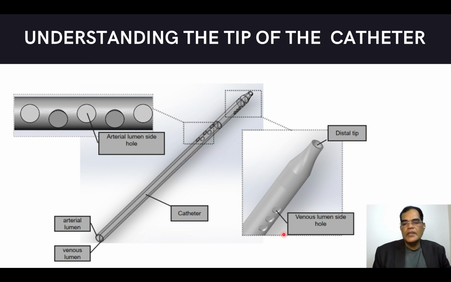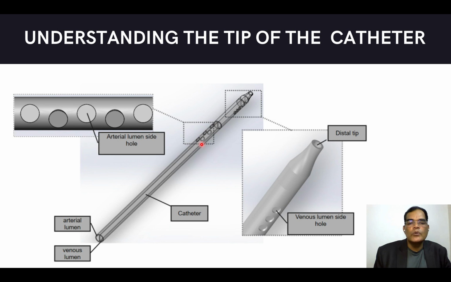If you see the venous lumen, it will be on the side towards the tip, a distal lumen, like a larger lumen over here. Whereas the arterial lumens will be much behind the venous lumen, almost 2 to 3 centimeters apart from the tip.